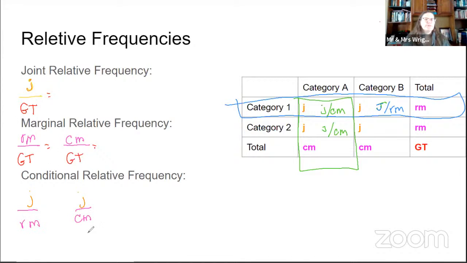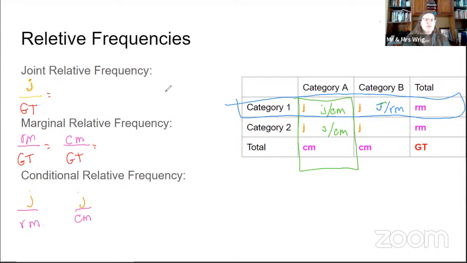So here's a summary of the different frequencies that we looked at. The joint relative frequency is the joint frequency divided by the grand total. Marginal relative frequency is the row marginal frequency or the column marginal frequency divided by the grand total.